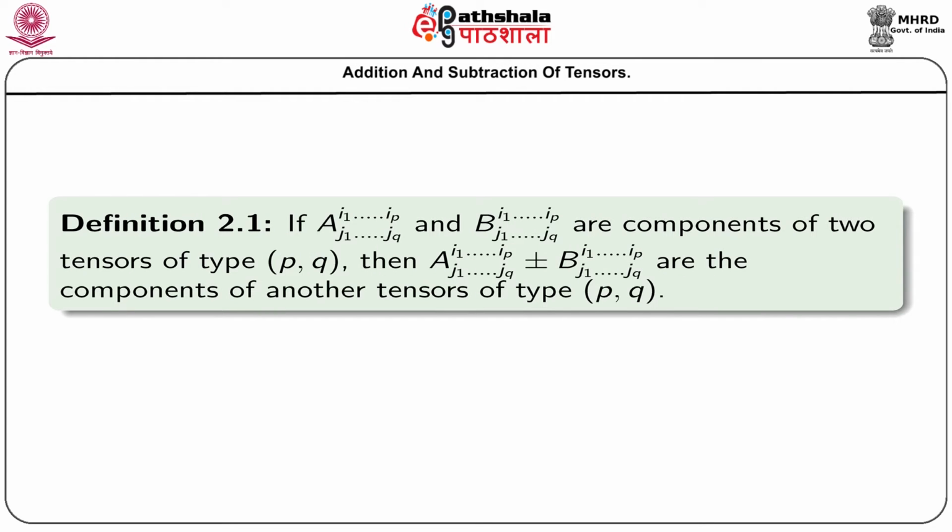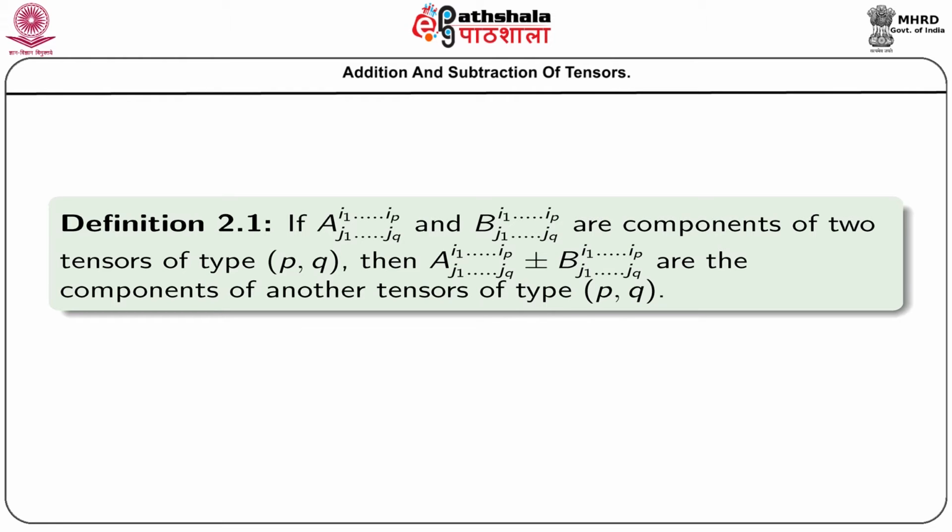Now, addition and subtraction of tensors. If A^{i1 i2 ... ip}_{j1 j2 ... jq} and B^{i1 i2 ... ip}_{j1 j2 ... jq} are components of two tensors of type (p,q), then addition or subtraction of the components will also form another tensor of type (p,q).